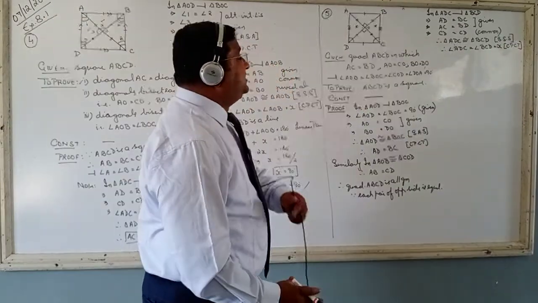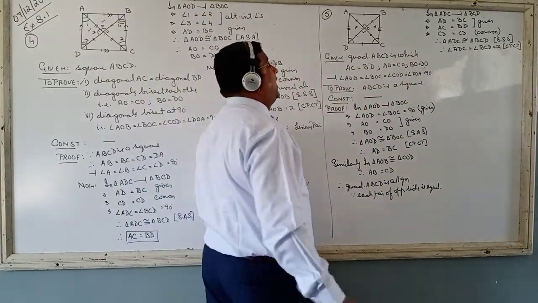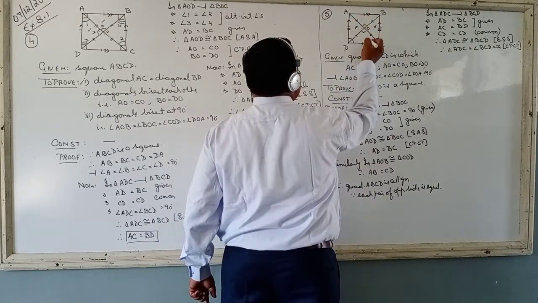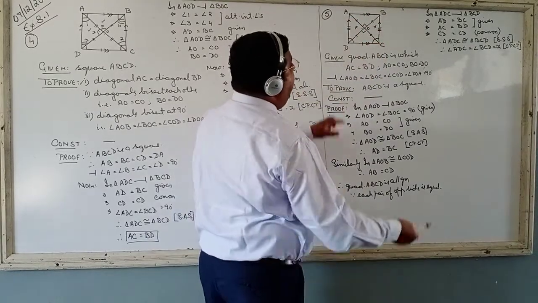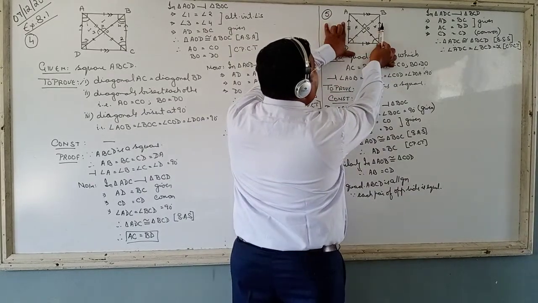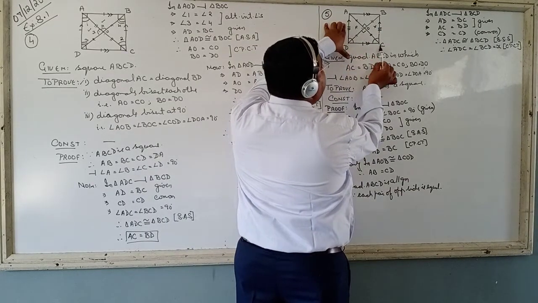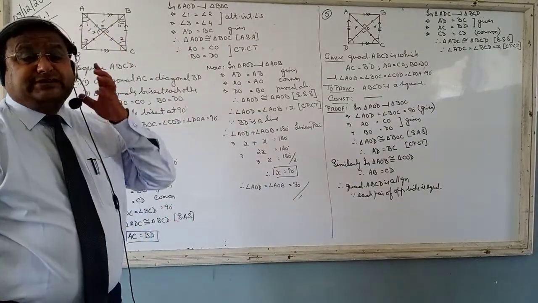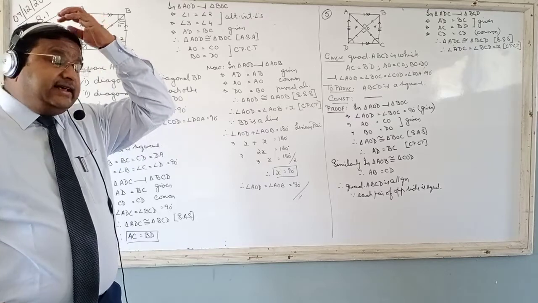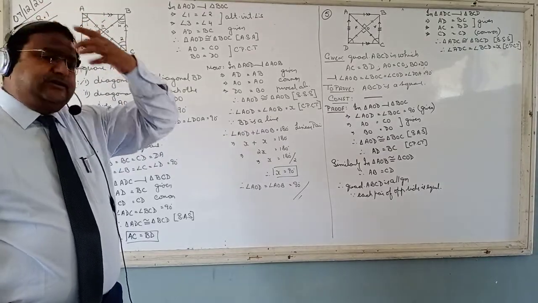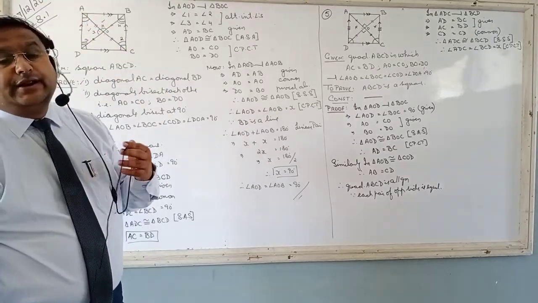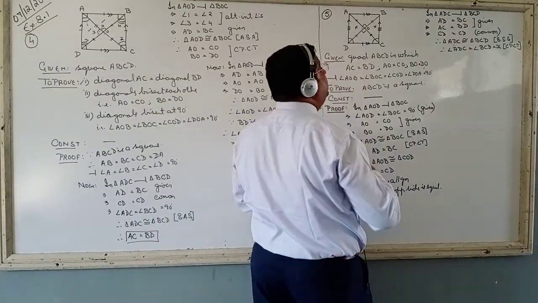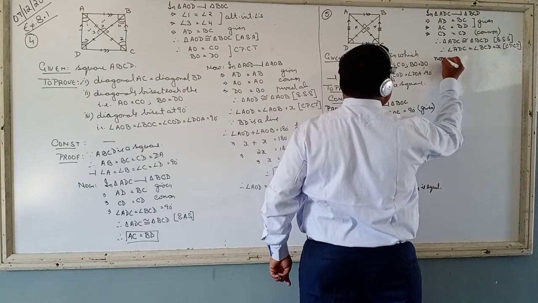Now observe. Since we have proved that it is a parallelogram, are the opposite sides parallel also? Definitely. Now observe. Are these two angles interior angles on the same side of a transversal? This is the transversal. And theorem number 6.4 of your textbook, page number 100, says if a transversal intersects two parallel lines, then the sum of interior angles on the same side of a transversal is supplementary. So we will use that now.